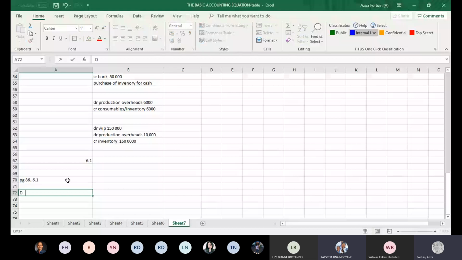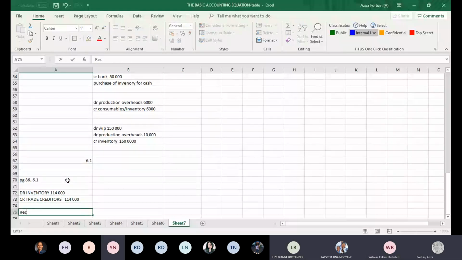Next, we debit inventory with the cash paid for, 114, and credit trade creditors. Then payment of delivery cost: inventory delivery cost paid.